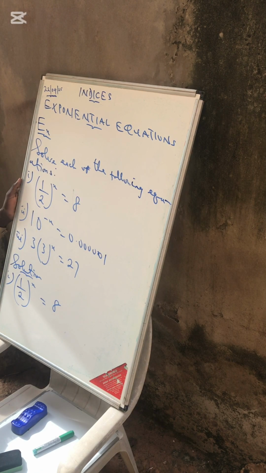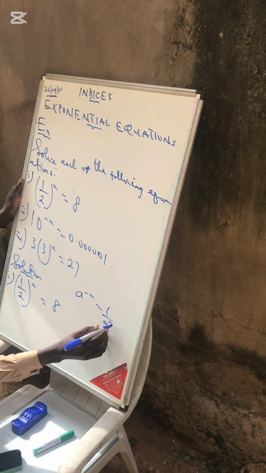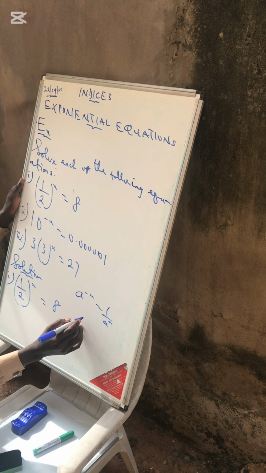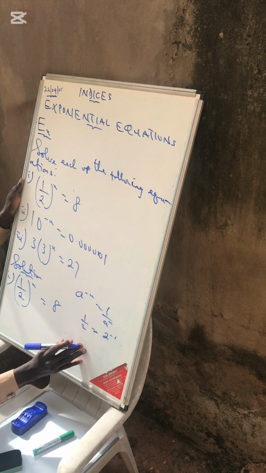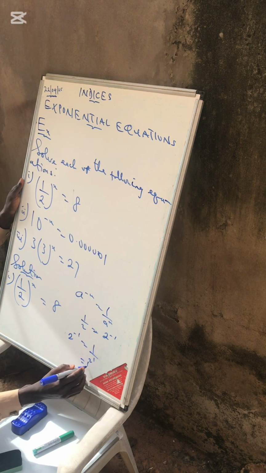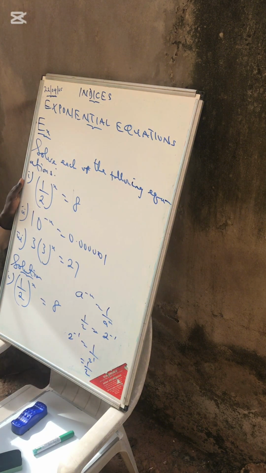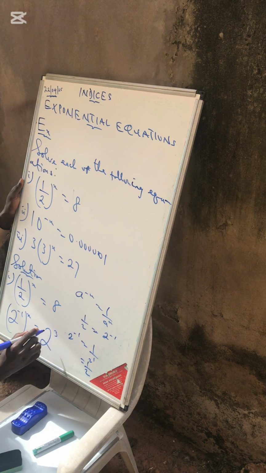Now you know that a raised to the power minus x is the same as 1 over a raised to the power x. That means 1 over 2 is also the same as 2 raised to the power minus 1. You know that 2 raised to the power minus 1 means 1 over 2 raised to the power 1, which is 1 over 2. So I can write this 1 over 2 as 2 raised to the power minus 1, and everything raised to the power x equals 8. I can also write 8 as a power of 2. Do you know?